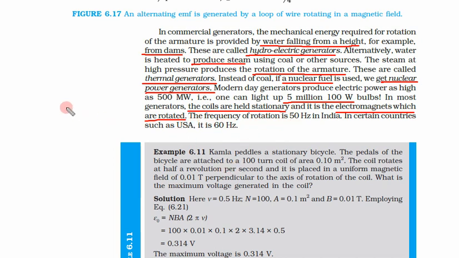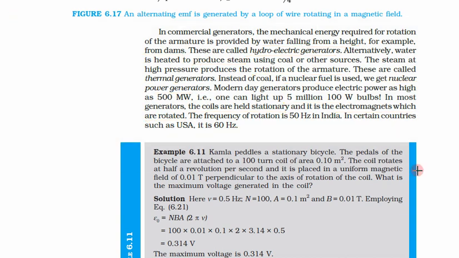And frequency of rotation nu, this is nu, not omega, is equal to 50 hertz in India and 60 hertz in USA. This is the standard frequency. Again, this is nu, not omega. Omega is 2 pi nu.